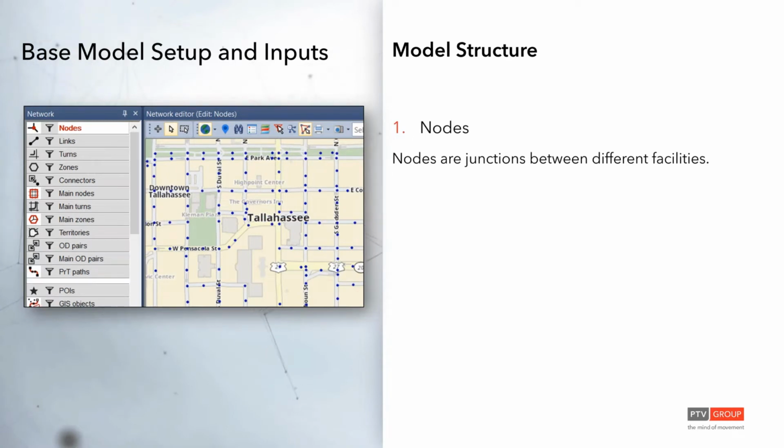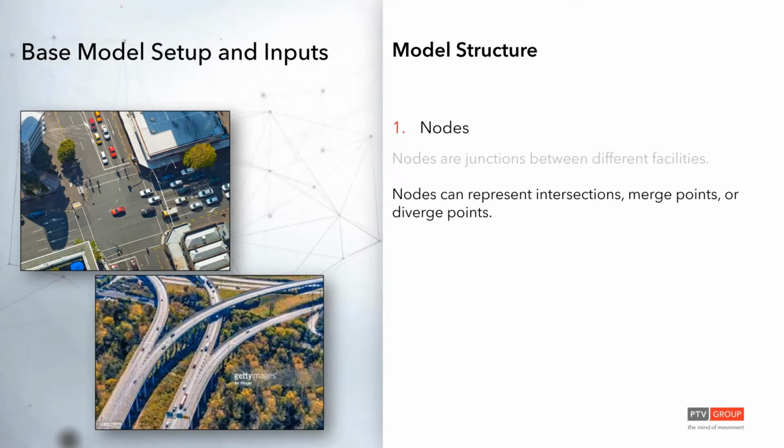All right, so the nodes by default will act as junctions between your facilities. They'll act primarily as intersections, but there are a few other places where you're going to see them, such as merge and diverge points as well. Anywhere where two links come together or split apart, there's going to have to be a node at that location.